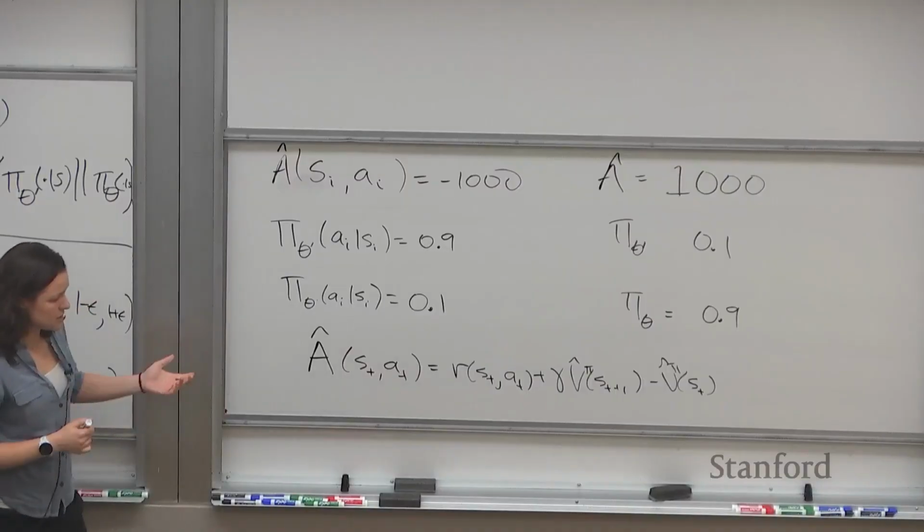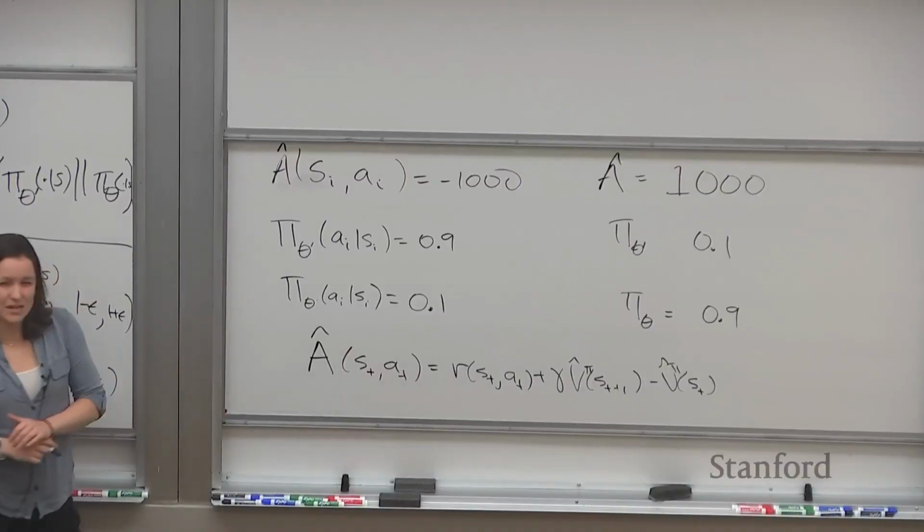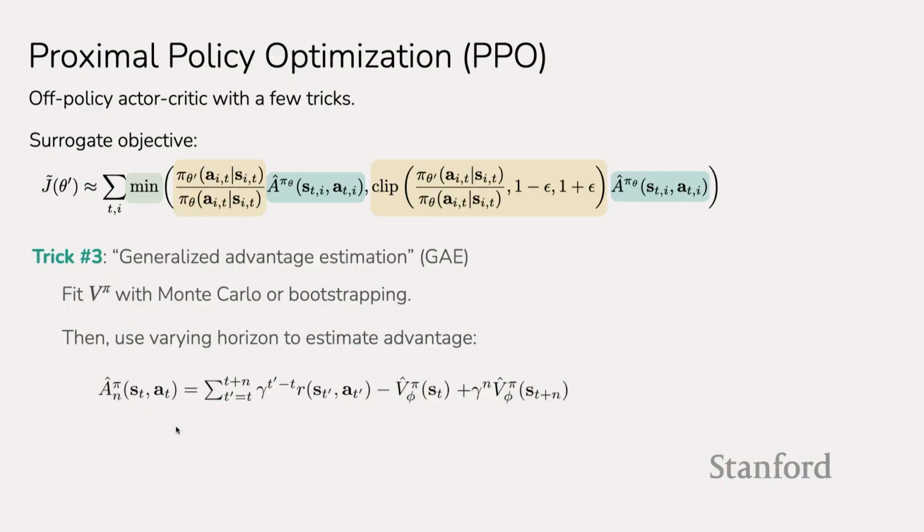But you can also estimate the advantage using something that looks like n-step returns, where you're summing over multiple rewards into the future, and adding that future value instead of just one step into the future. We were talking about bias and variance before.